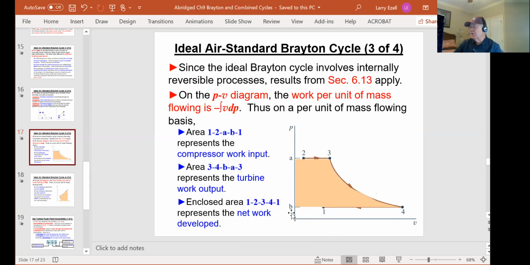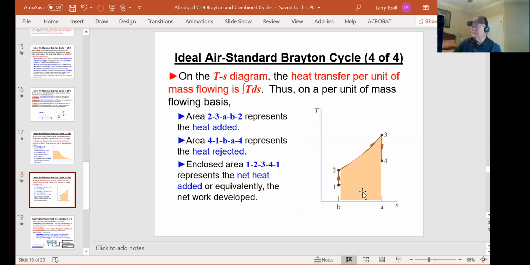The turbine work is 3, is actually this whole area. So this is the turbine work. This is the compressor work. And then the difference between is the net work we have to go out to our generator.